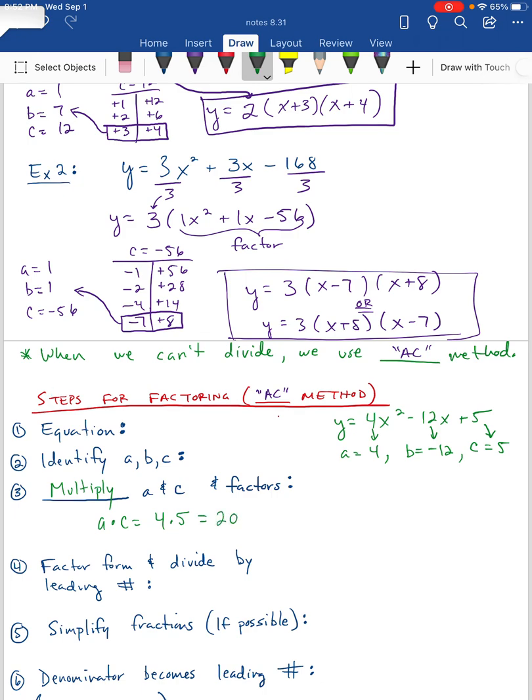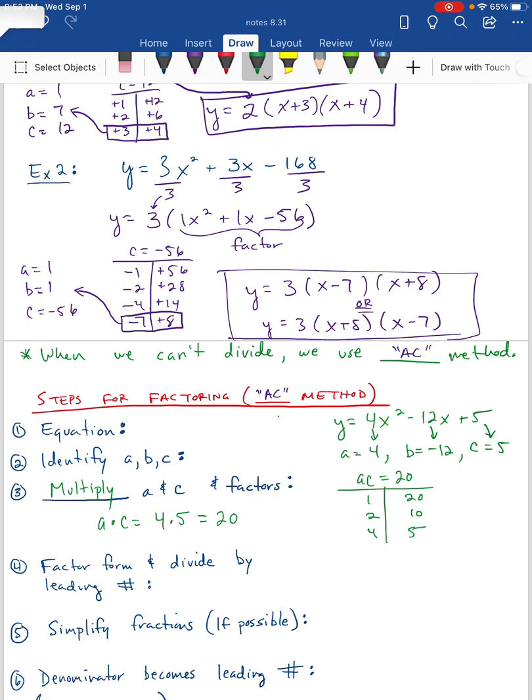So now when I create a chart like I did in numbers 1 and 2 above, my t-chart, it's not just going to be c, it's going to be ac, which is 20. So it's not just going to be factors of 5, it's going to be the factors of the product a times c. So my factors of 20 are 1 and 20, 2 and 10, and 4 and 5.